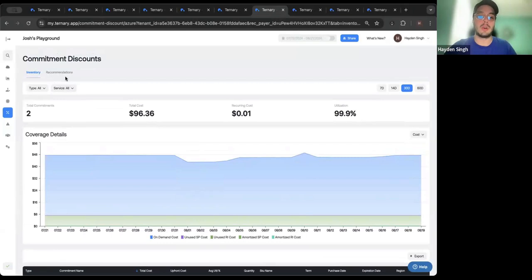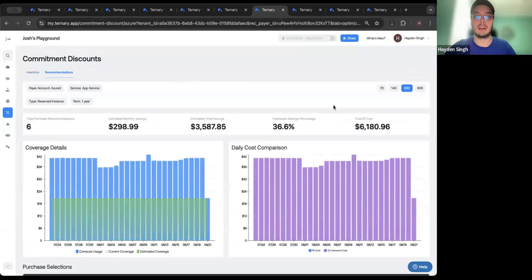So this is going to show us, hey, what's our on-demand cost versus our actual RIs or savings plans that we're consuming. And then we can make recommendations based on your historical utilization data there. So we're looking at the last 30 days here.